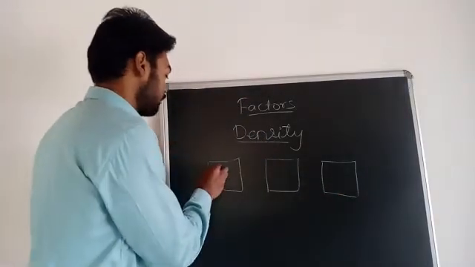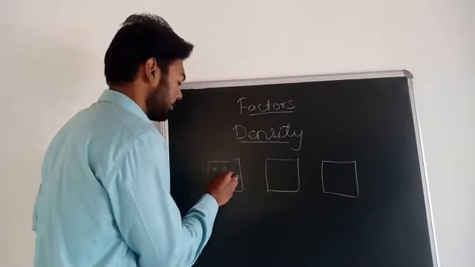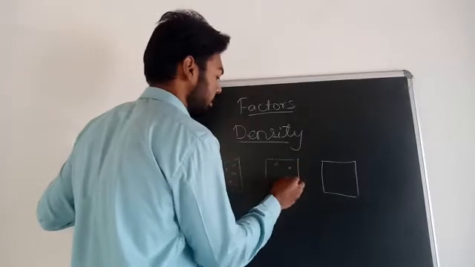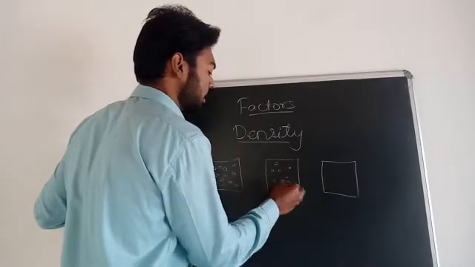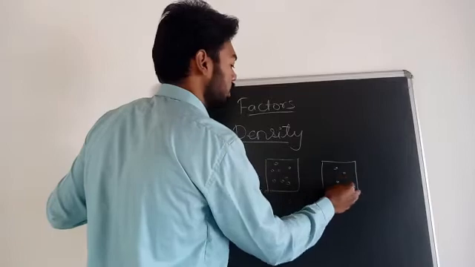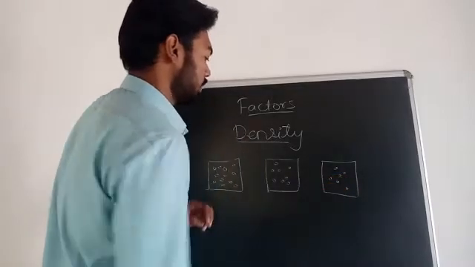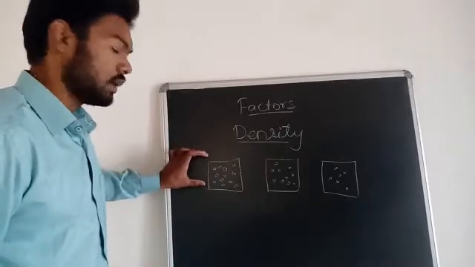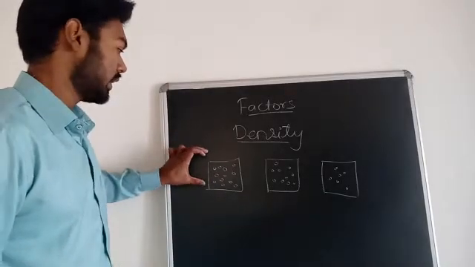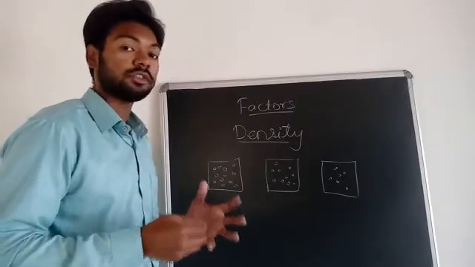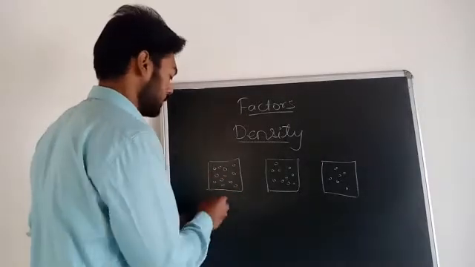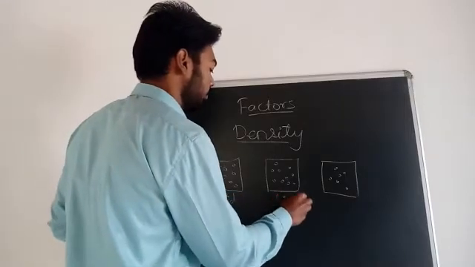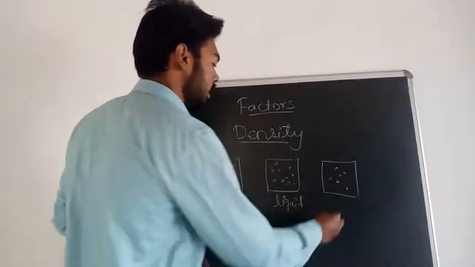The number of particles inside a particular unit area will determine the density of that object. The more particles in a particular area, the more density. That means this is solid, this is liquid in which the number of particles is less, and this is gaseous.